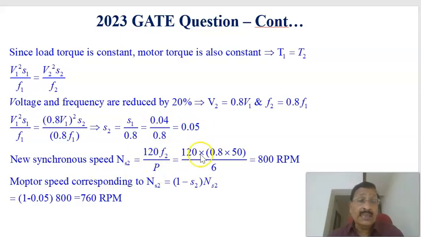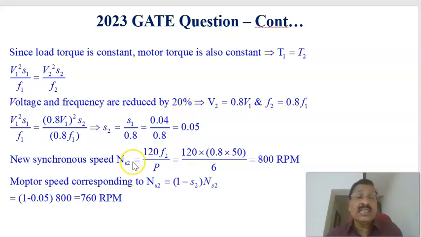So the slip corresponding to the second case is S1 by 0.8, which is equal to 0.05, or 5% is the slip corresponding to the second case where the voltage and frequency are reduced by 20%.